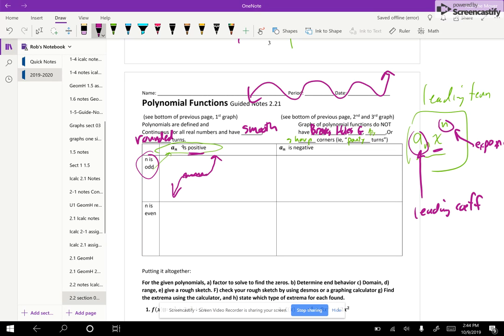We don't know for sure what's happening in between, but we know the end behavior has to look like this. So I'm going to draw it like this. The end behavior on the left is down, the end behavior on the right is up.